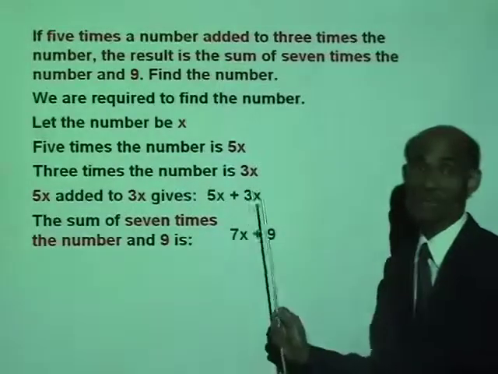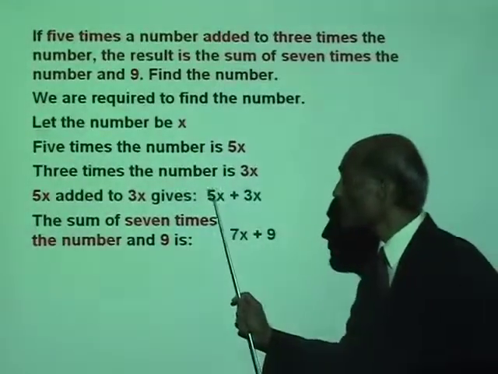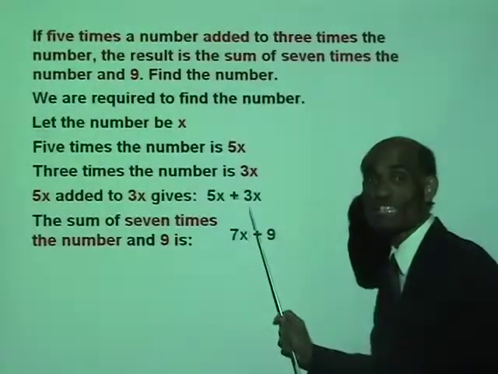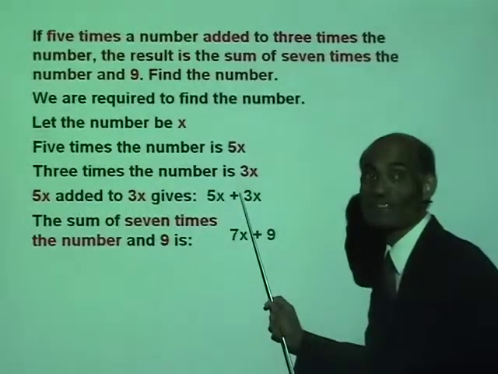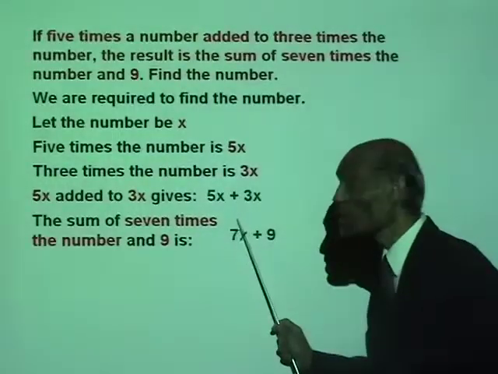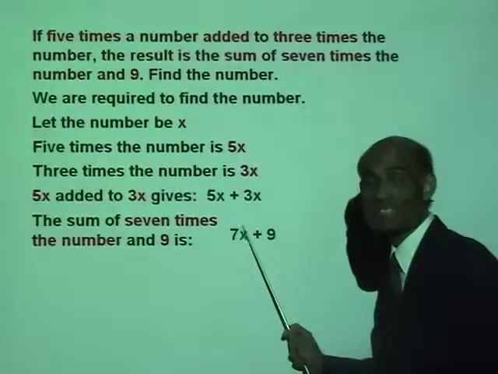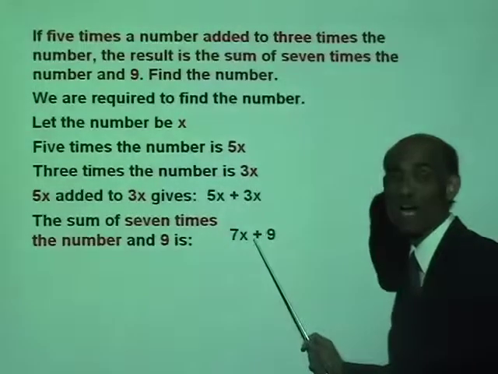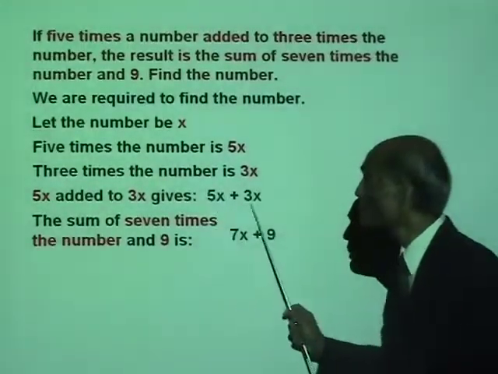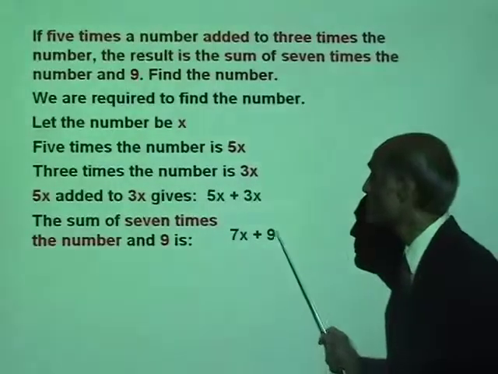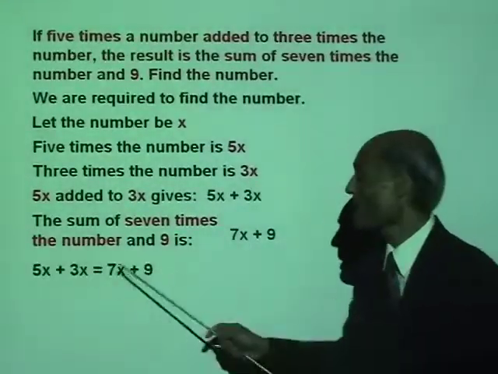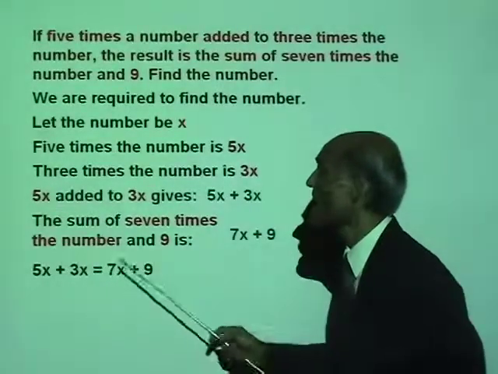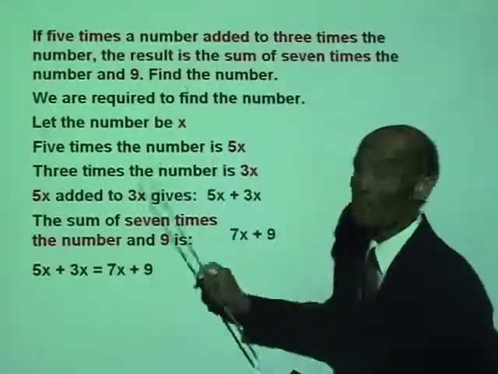Now watch this again. 5 times a number added to 3 times the number, the result is equal to the sum of 7 times the number and 9. That means this quantity equal to this quantity. There you are. 5x plus 3x equal to 7x plus 9. That is what this statement means.